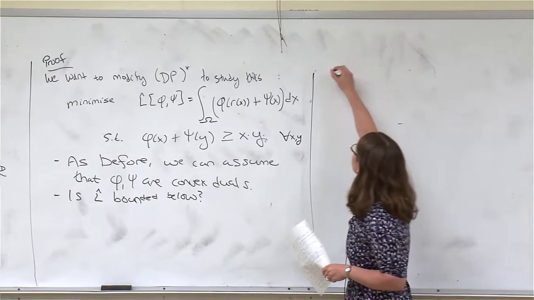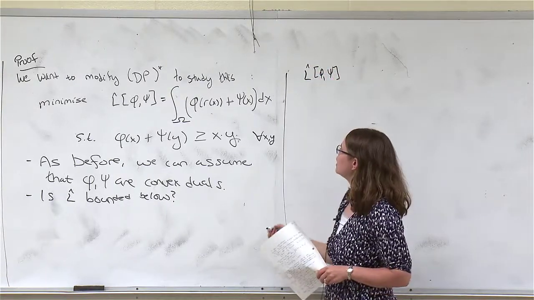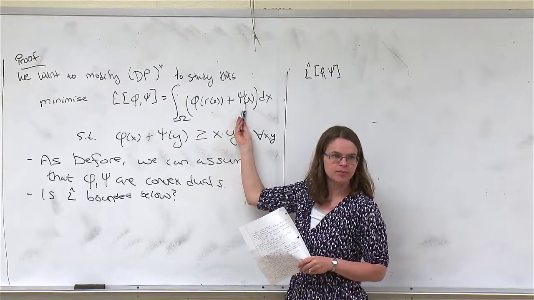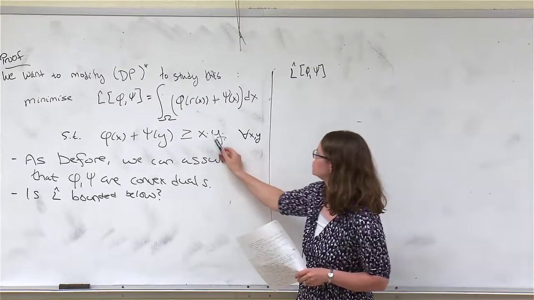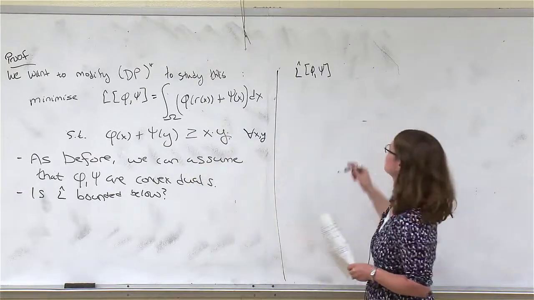Okay, so let's take L hat of phi and psi. What do we know of it? Phi at any point plus psi at any other point is greater than or equal to the dot product of these arguments, phi of x plus c of y greater than or equal to x dot y.